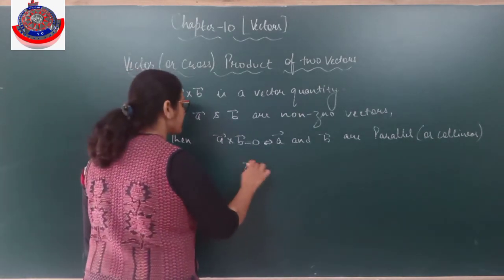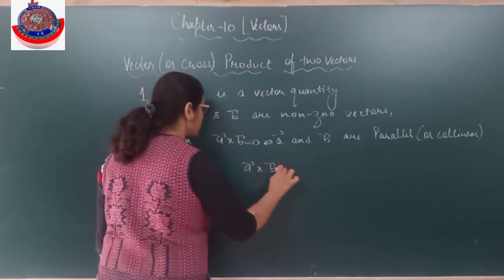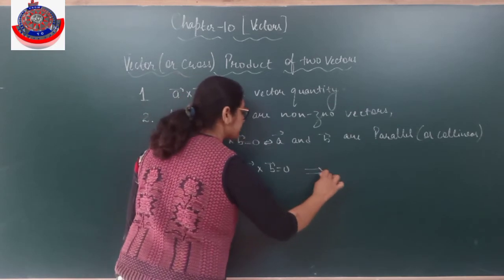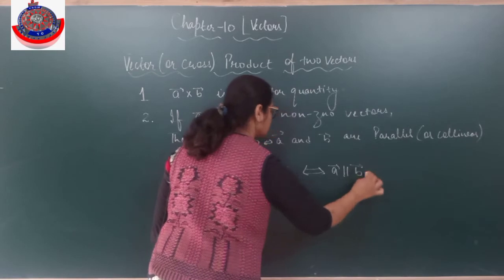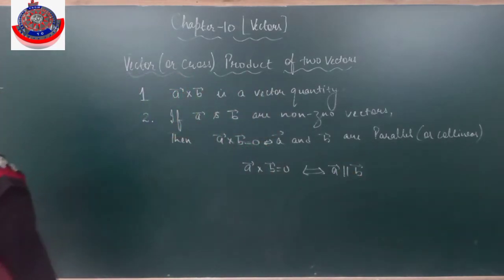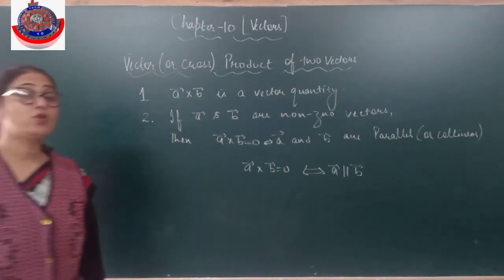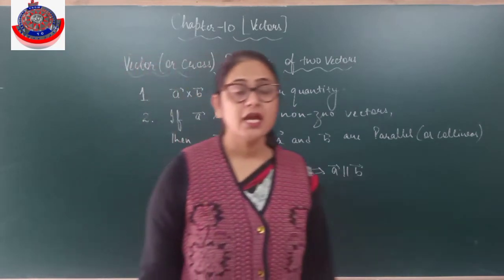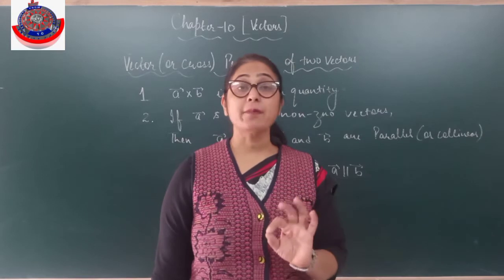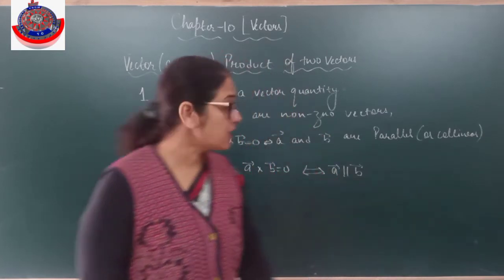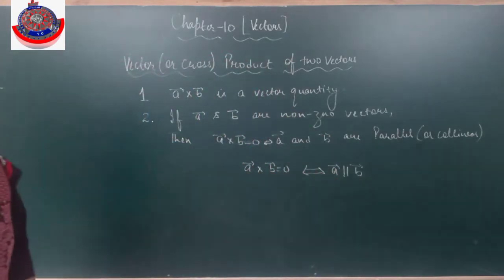That means if A cross B is 0, it happens if and only if vector A is parallel to vector B, or A and B are collinear. I hope you remember these things, because parallel and collinear have almost the same condition. In the collinear case there is a common point. Is this clear?